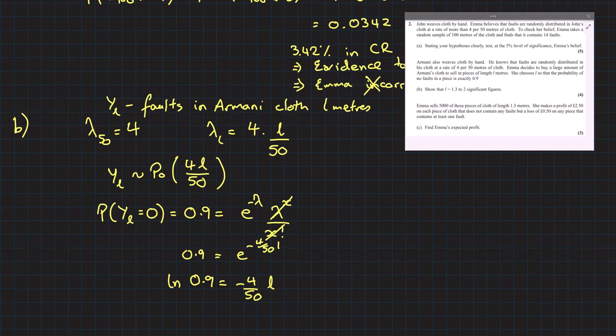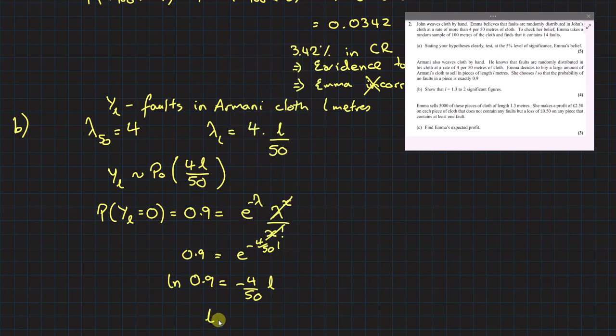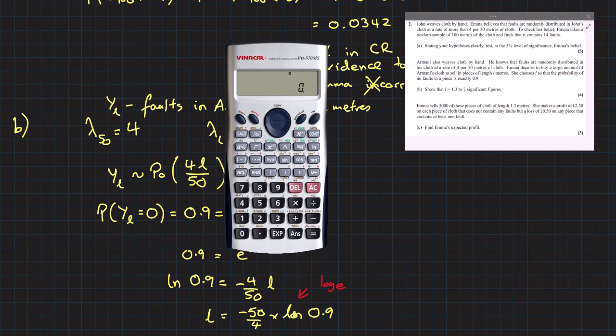If I go to the calculator and pull that up, I can rearrange this so that L equals minus 50 over 4 times ln 0.9. I was about to write log base e. I know I'm teaching you to suck eggs with that, but let's check.